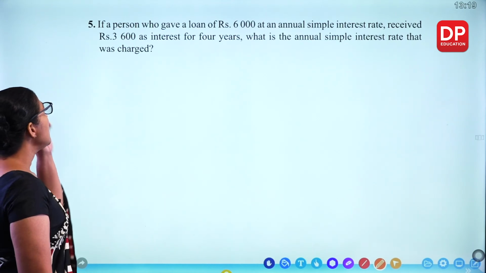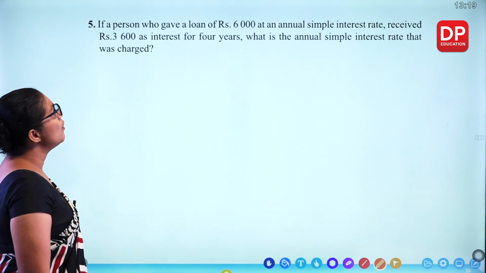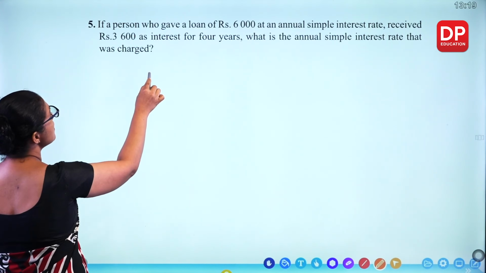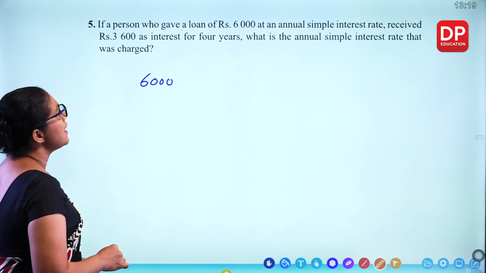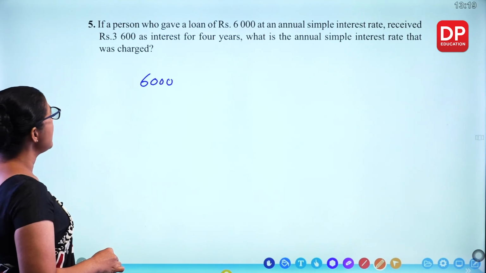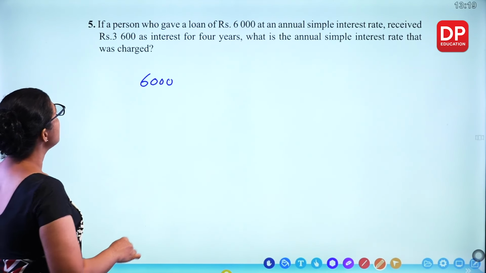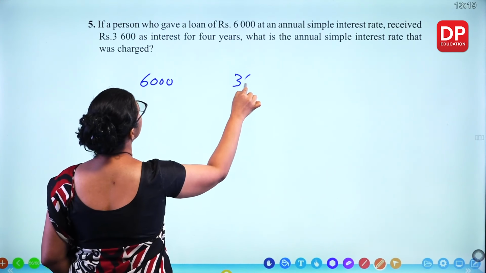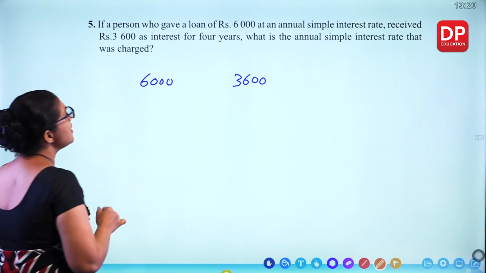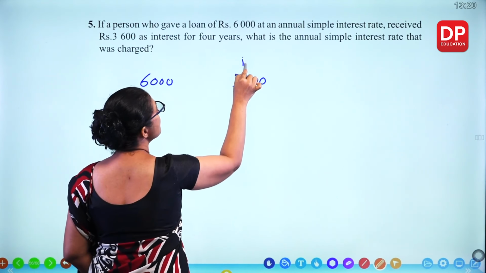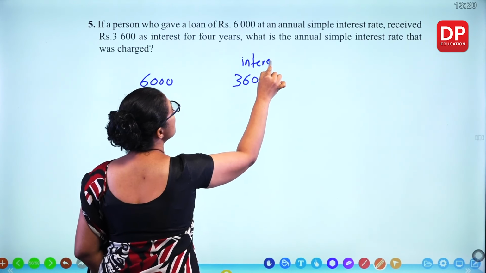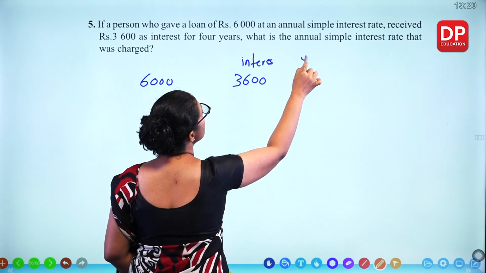Fifth one, if a person who gave a loan of 6,000 rupees at an annual simple interest rate received 3,600 as interest for 4 years.